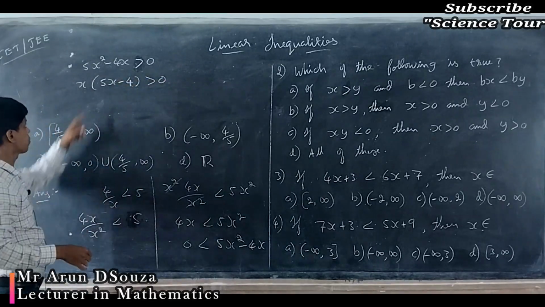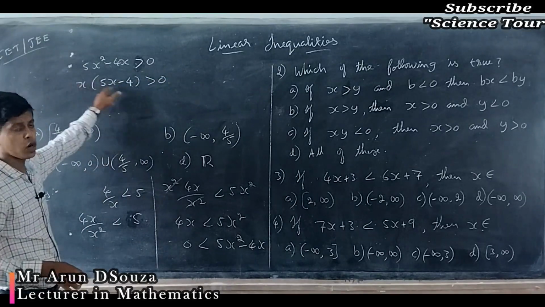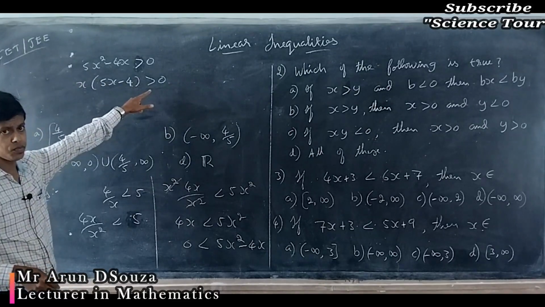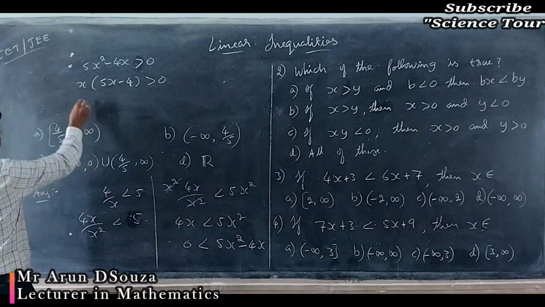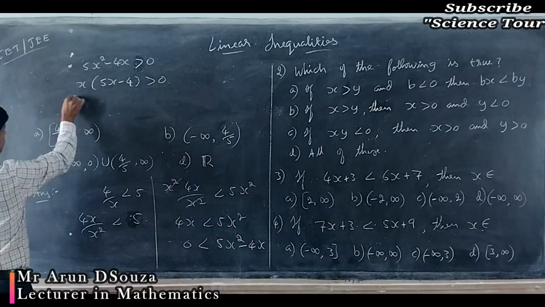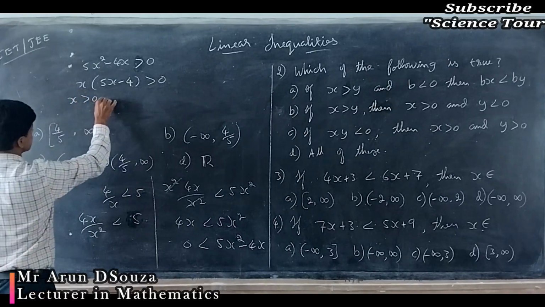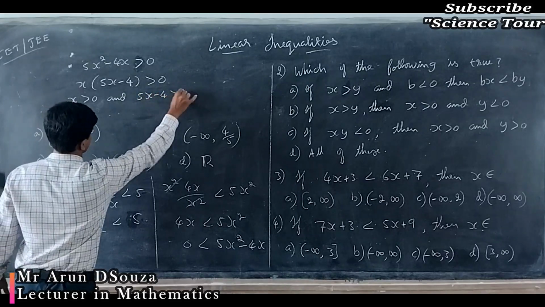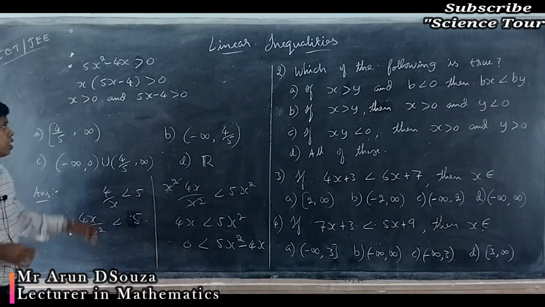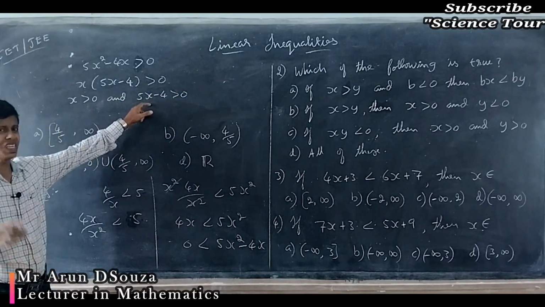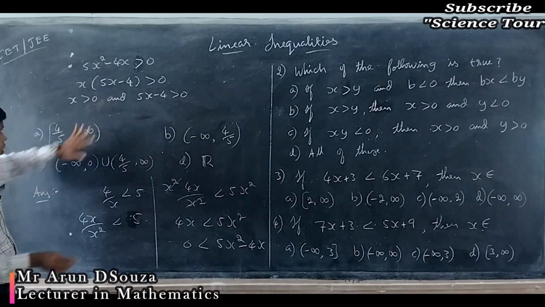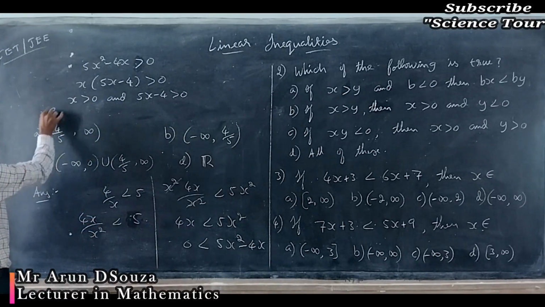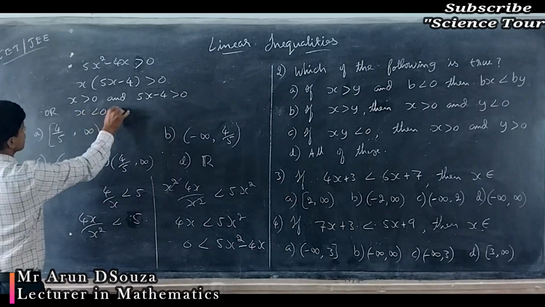Now understand, the product of two quantities is positive. So what are the two chances that you have? Either x is positive and 5x minus 4 is also positive. Correct? Both are positive. That's one chance. Or both are negative.